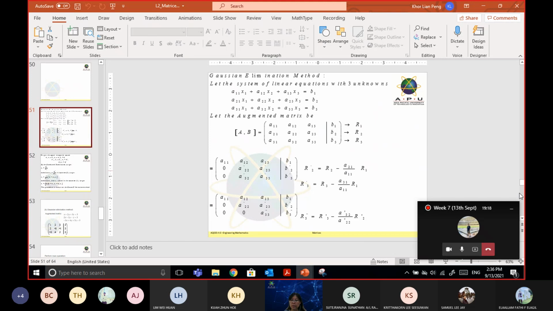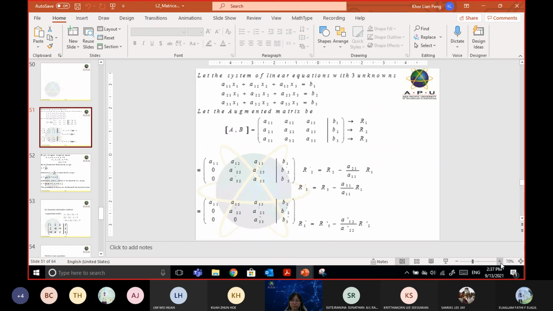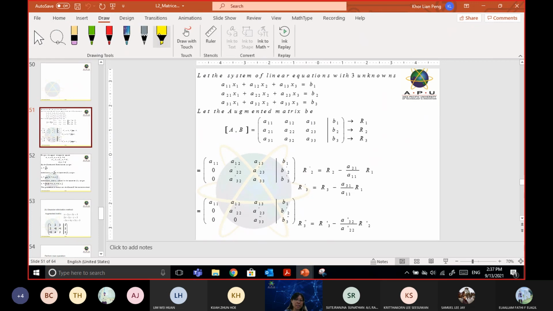For the Gaussian elimination method, we will first write the equations in the augmented matrix, splitting the values at the left and right by a straight line.